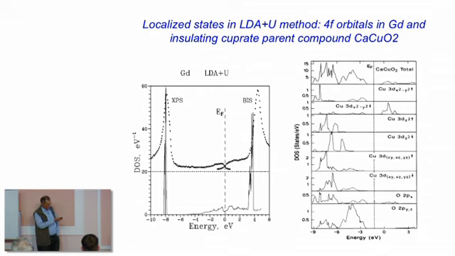So this particular material is called parent cuprate, or parent high-Tc superconductor. Parent means that it is an undoped antiferromagnetic insulator, while after doping it will become a metal and a superconducting metal.